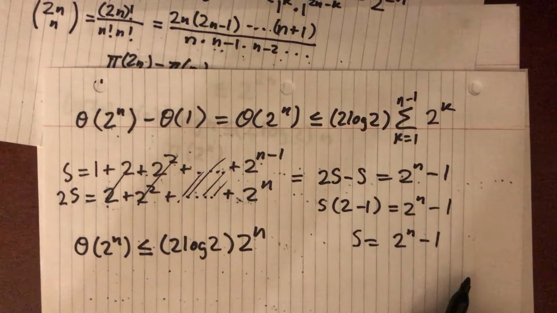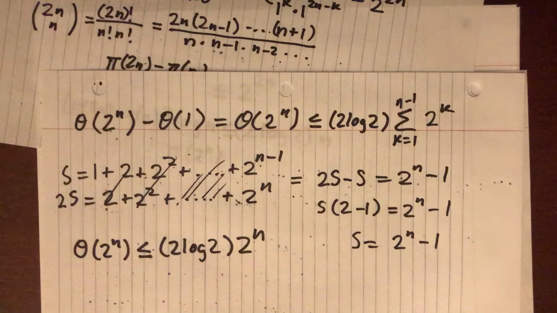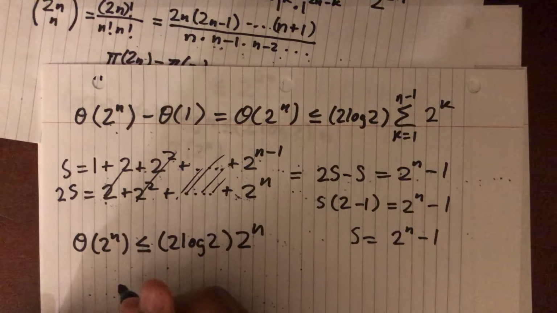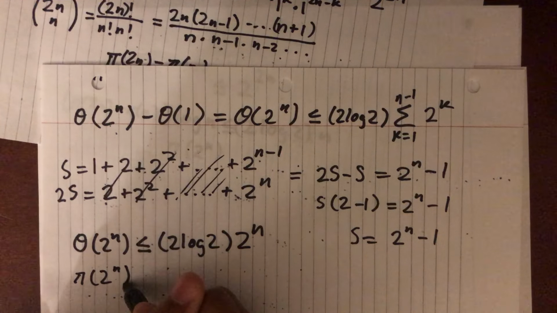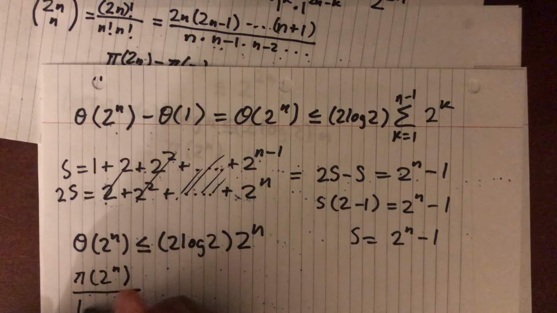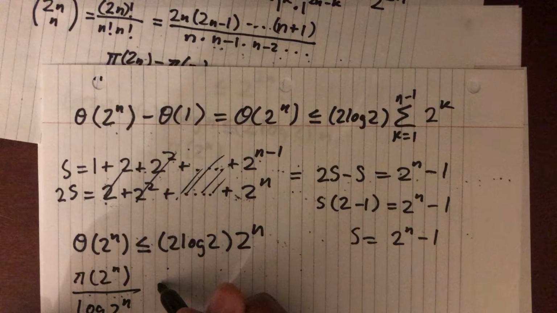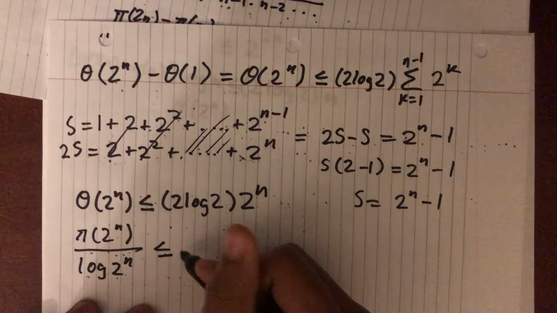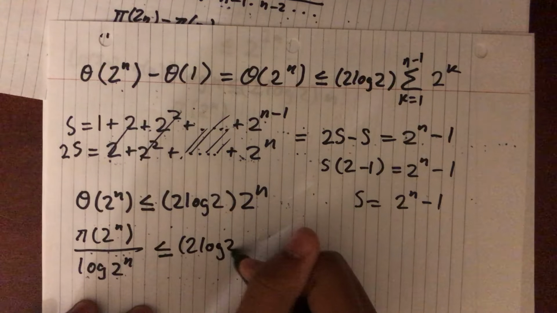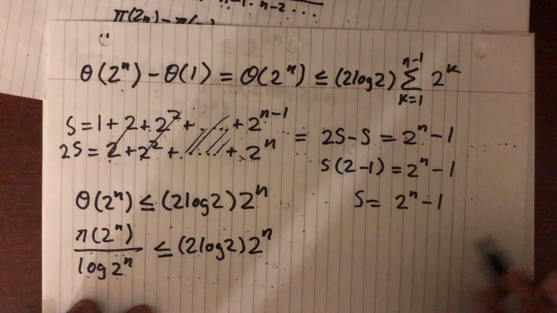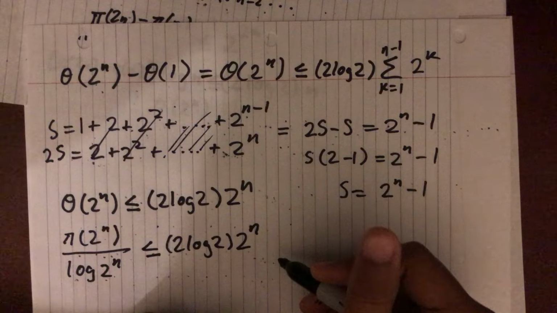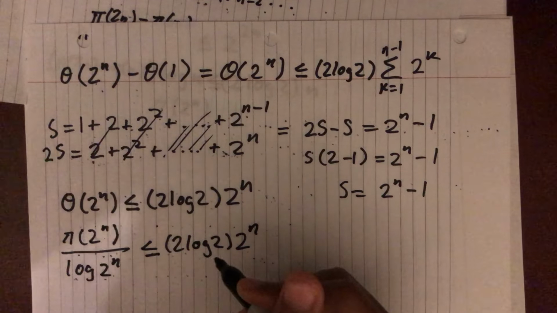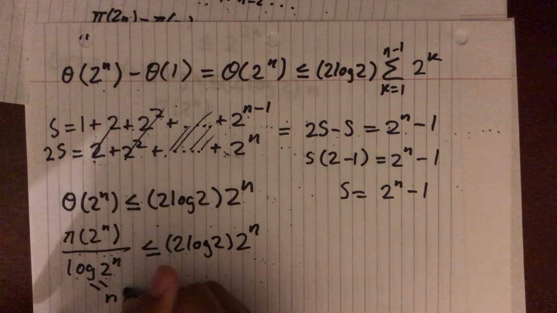And so if you combine that here, we have pi of 2 to the n over log of 2 to the n is less than or equal to 2 log 2 of 2 to the n. So let's see, this on the bottom is equal to n log 2.